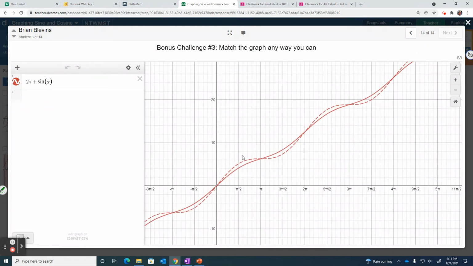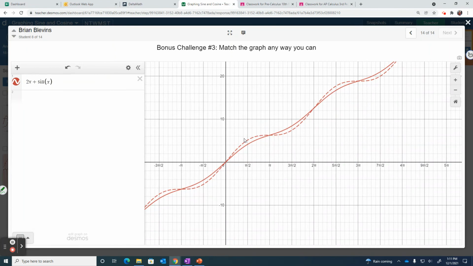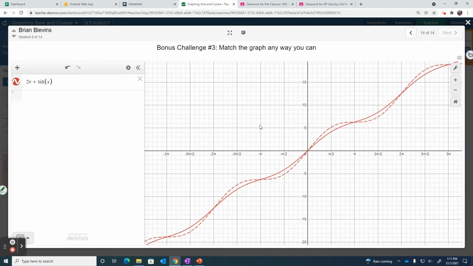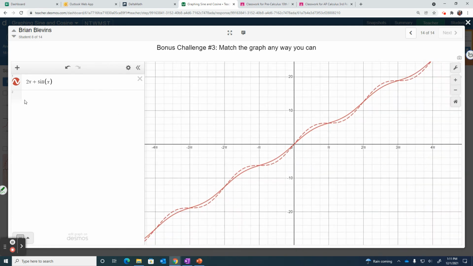I'll just have it. So you can steal Brian's temple there. 2x plus sine x.